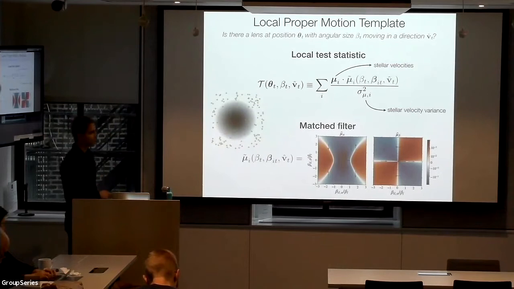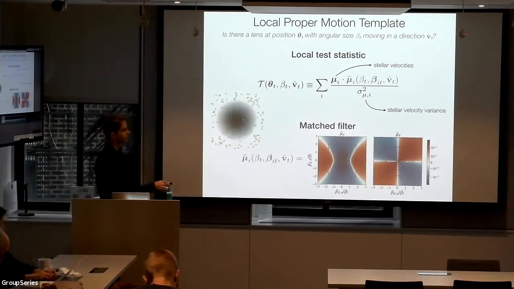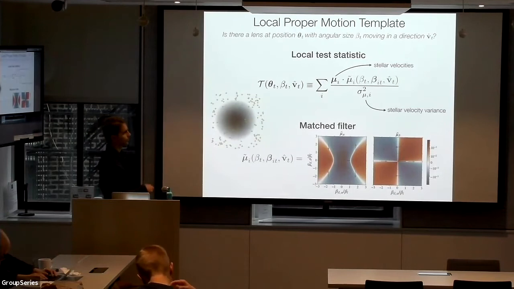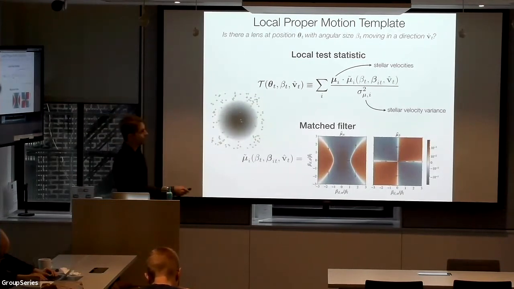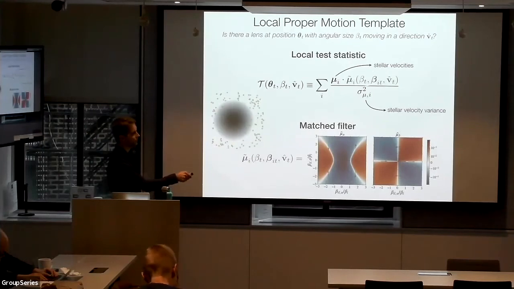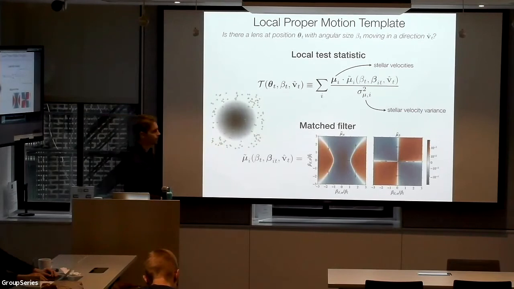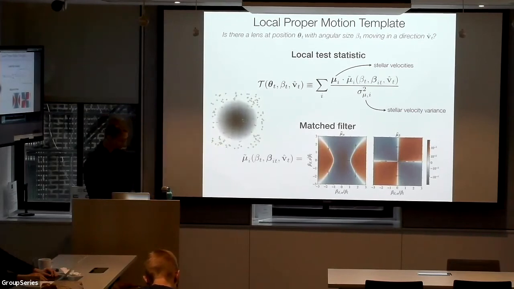The test statistic that best answers this question is basically a matched filter, where the test statistic tau is: you take all the stellar proper motions behind that lens or around that lens and dot them into the shape of the signal and weight by the inverse variance of each star.